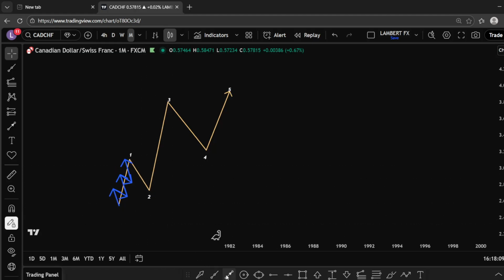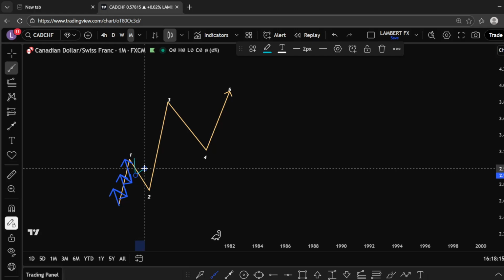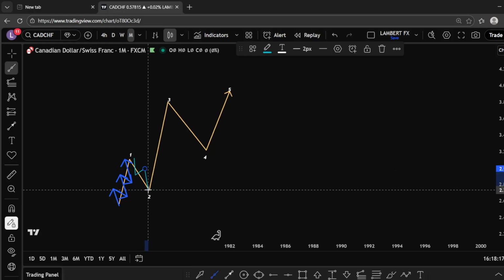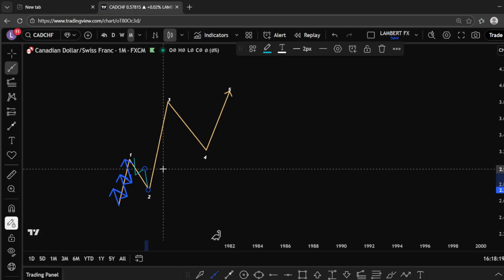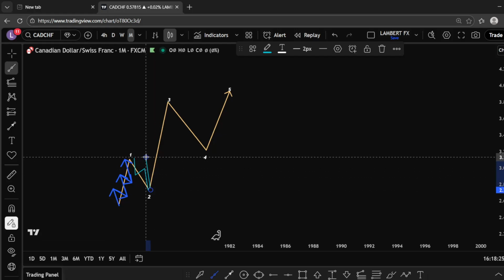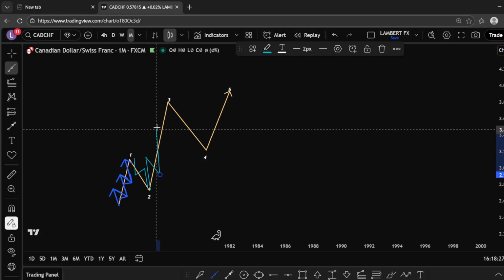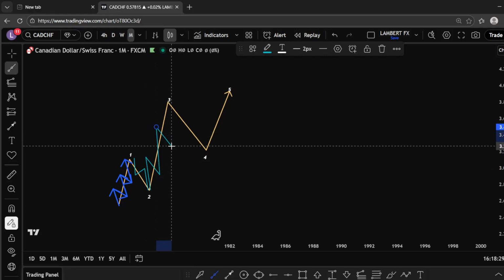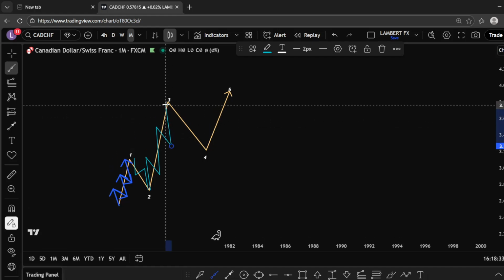And then the second leg, which is the corrective wave, is your A, your B and your C leg. Yeah. So your corrective waves are your ABCs, and your impulsive legs are your 1, 2, 3, 4, 5. Yeah, 3 should be the longest. 4 should not trade anywhere near the first leg, and then your 5.